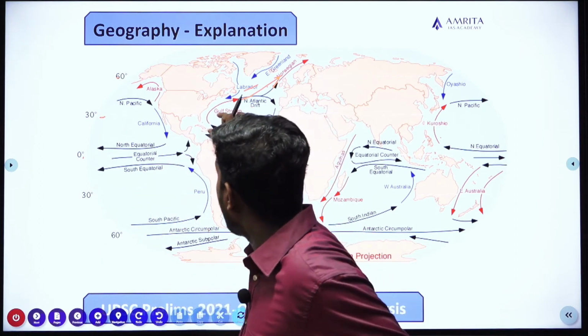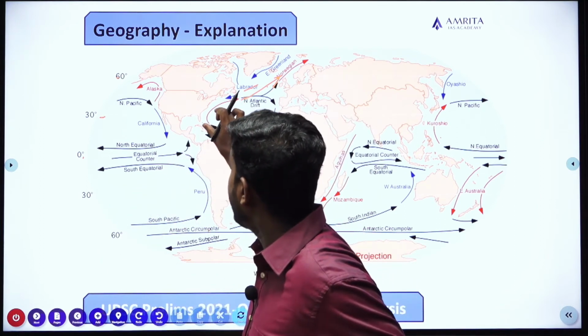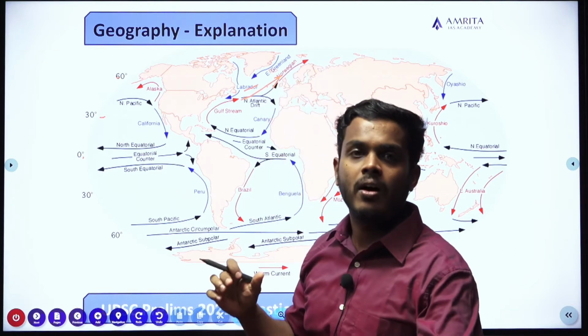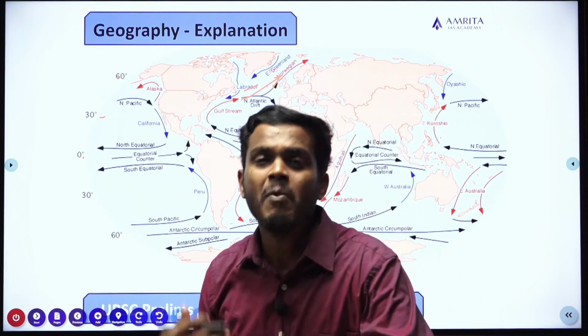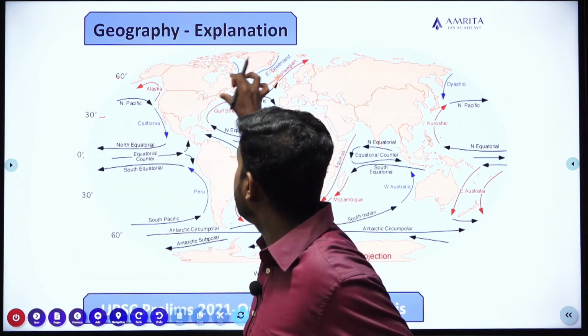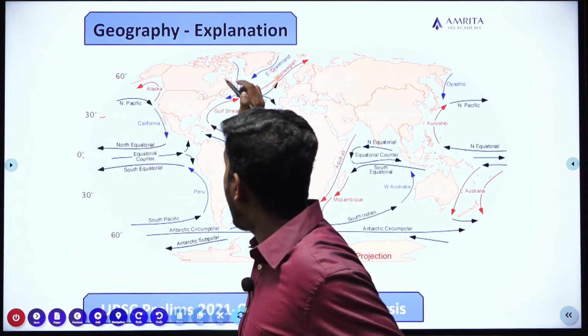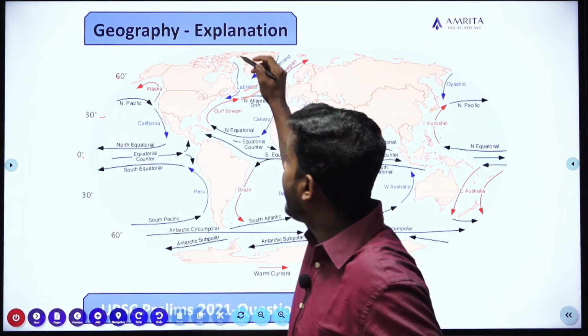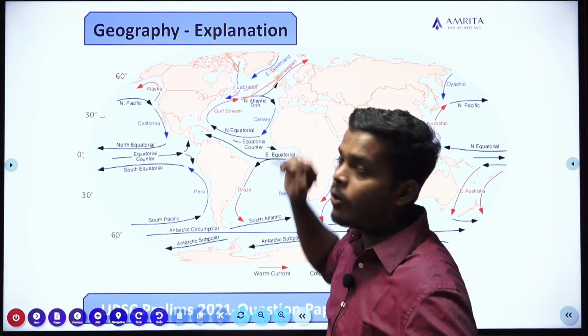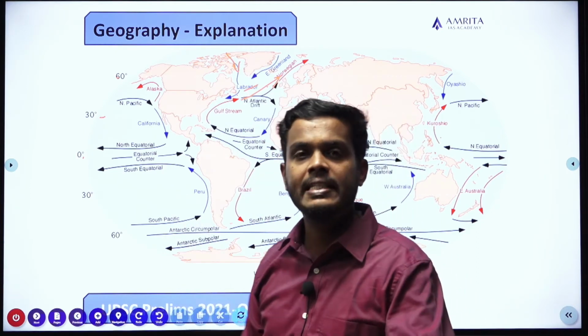Okay, now the water from this particular area is pulled away by the westerlies. So the same upwelling phenomenon happens in this particular region also. Again, water from the cold polar regions flows towards this area.